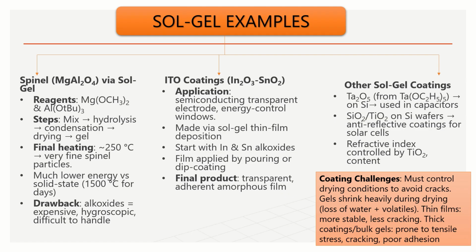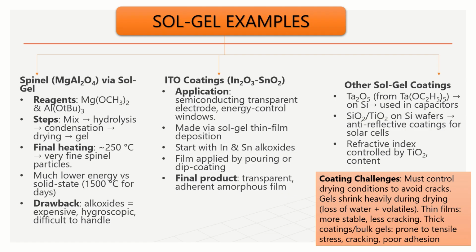When they undergo hydrolysis and condensation, they form an amorphous gel, and the gel decomposes to give very fine spinel particles at just 250 degrees Celsius, compared to 1500 degrees Celsius for heating for several days in solid state synthesis. The only drawback is that alkoxides are expensive and are sensitive to moisture.